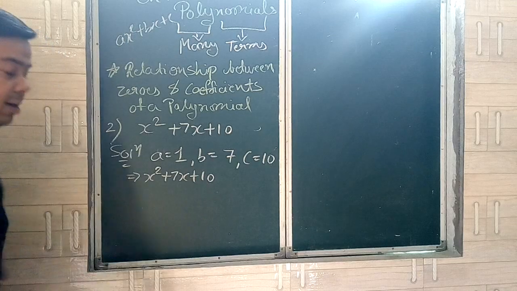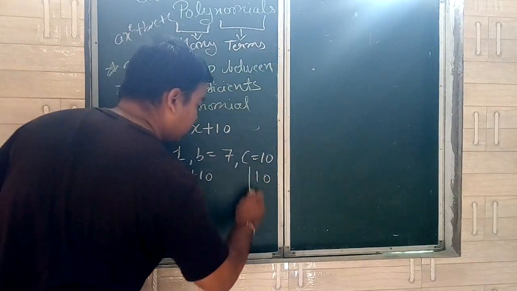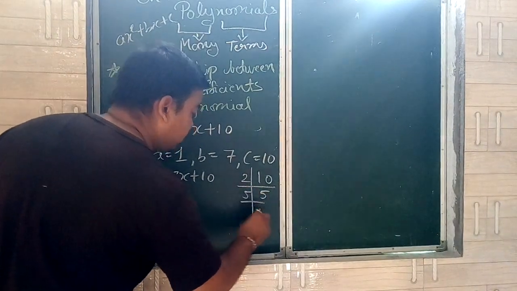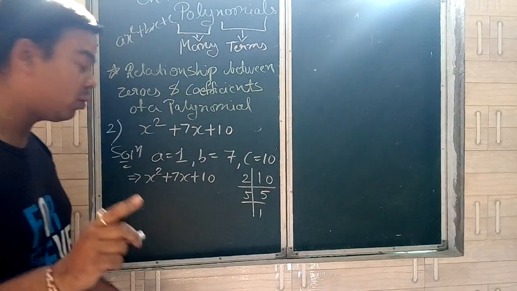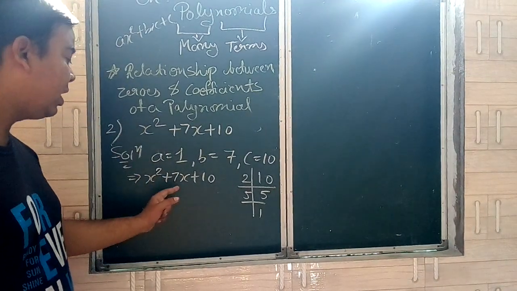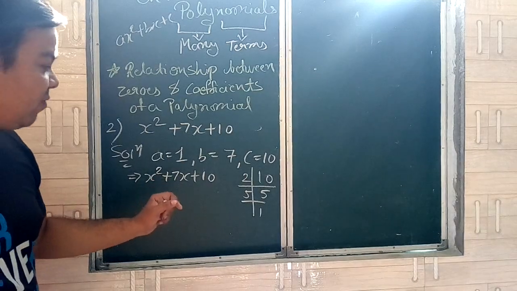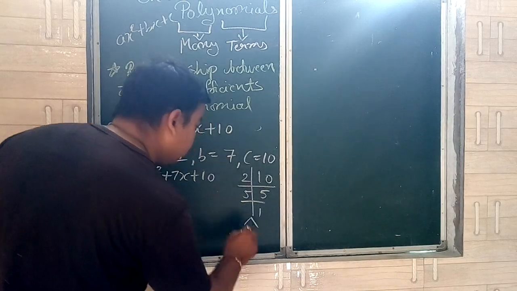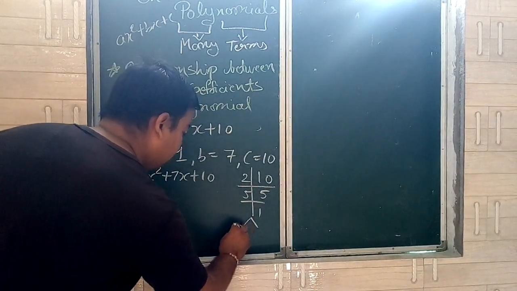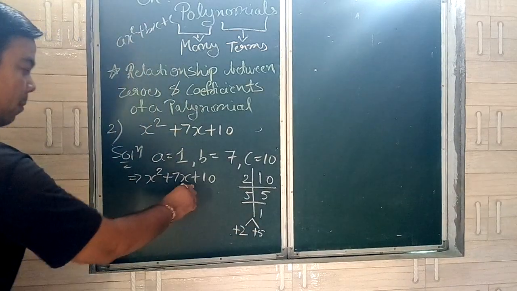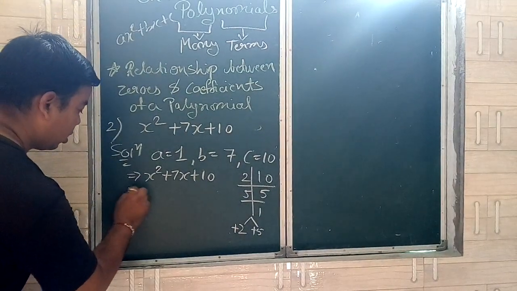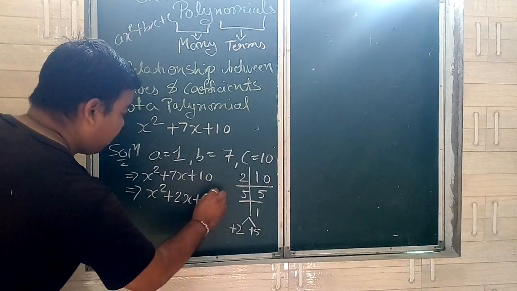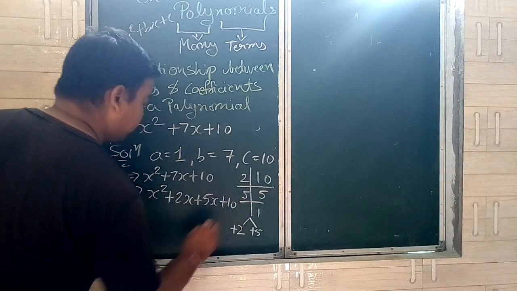Now 1 into 10 is 10. Prime factors: 2 fives are 10, 5 ones are 5. We need two numbers which add to give 7 and multiply to give 10. The numbers are 2 and 5. So x square plus 2x plus 5x plus 10.